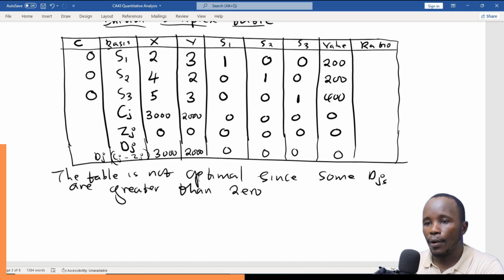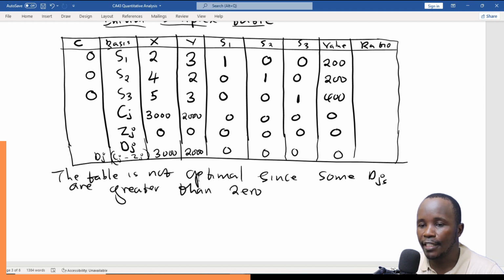Now, we have to move and create another table, but there will be some computations that will be necessary before we move on. Where are these Djs? Let me emphasize this point. We are saying that the table is not optimal since some Djs are greater than 0.